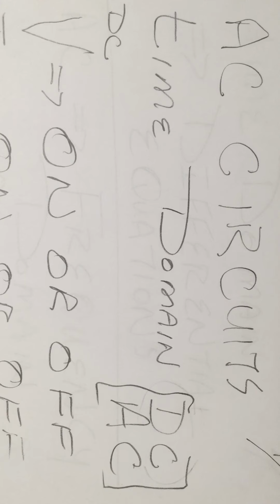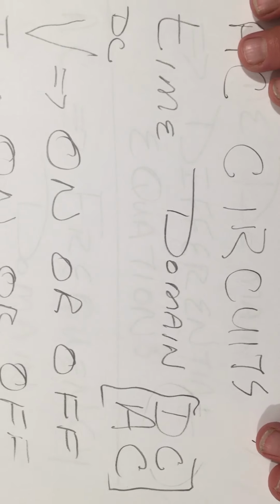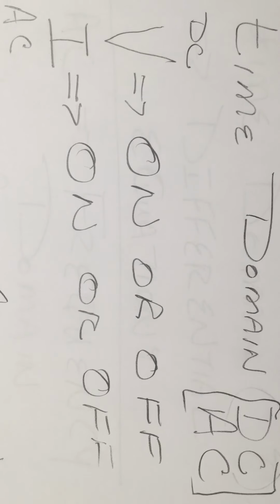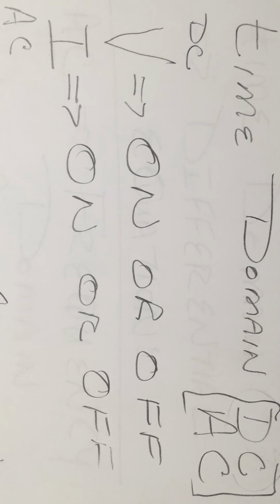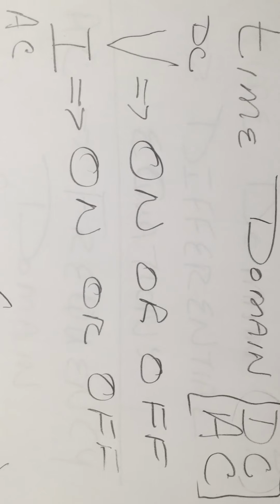So here we go. So far, we've been looking at the time domain, both DC and AC circuits. In the DC part, the voltage was either on or off. You could get a step function, kind of like the last lab that y'all did, where you had the step function that went up and then turned off. So DC voltage is either on or off.